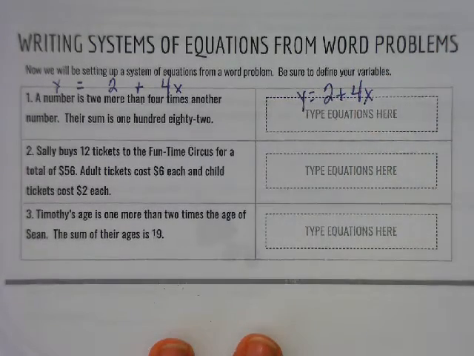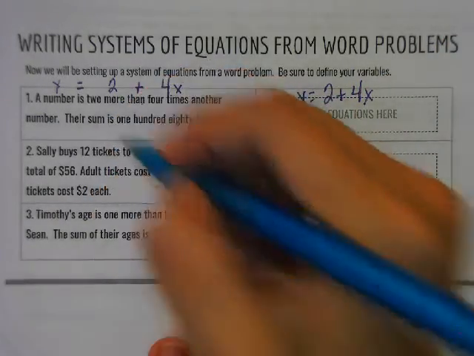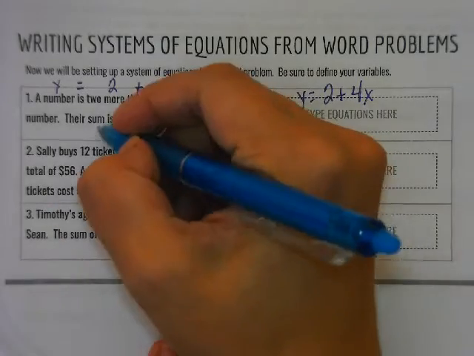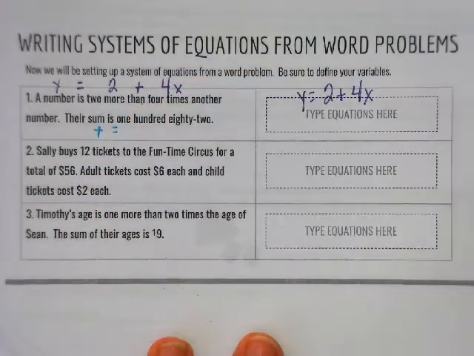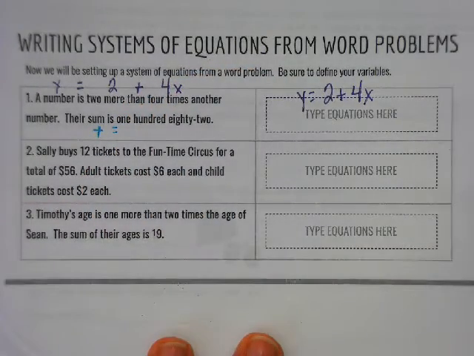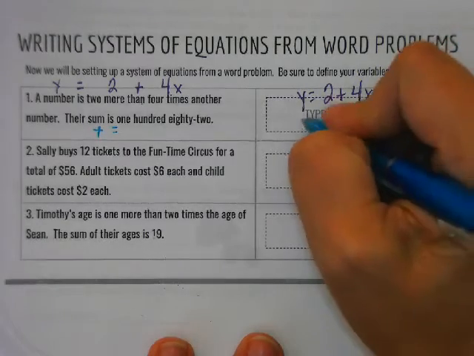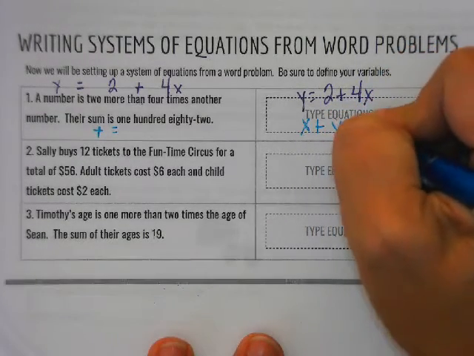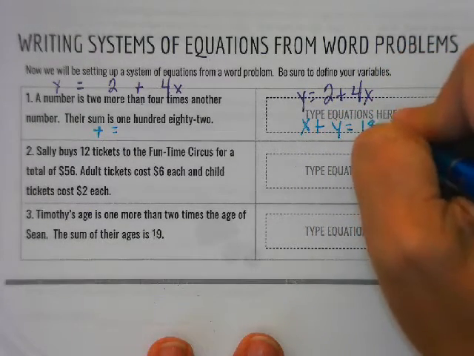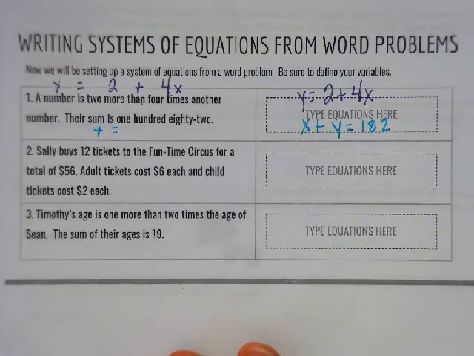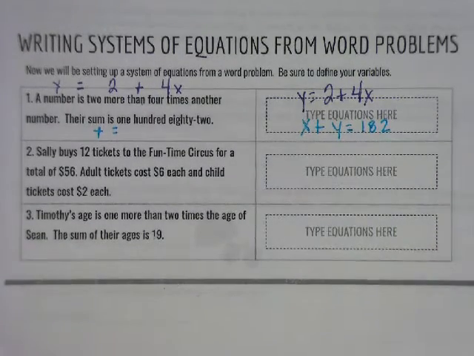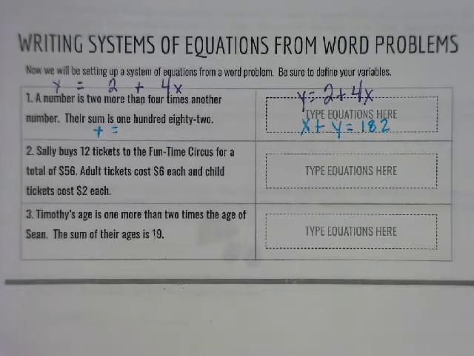This next one, their sum. What does sum mean is happening? Addition. It equals 182. Well, what are we adding? X and y, right? So x plus y equals 182. Now, at this point, you can choose to graph, substitute, eliminate, any method that you choose.